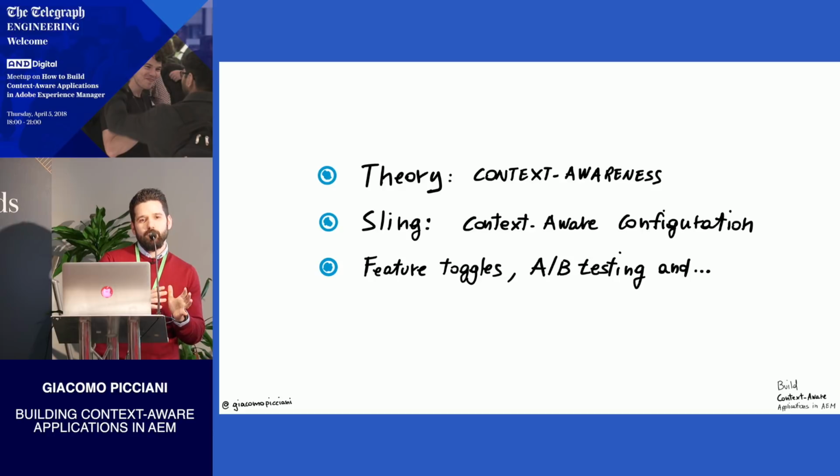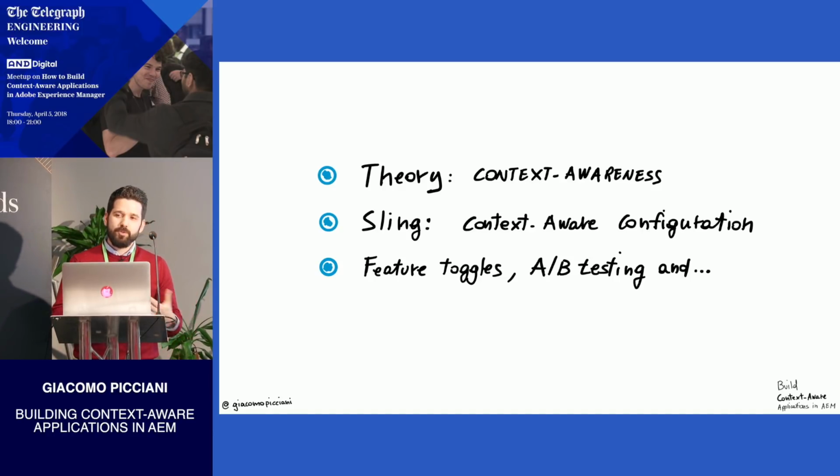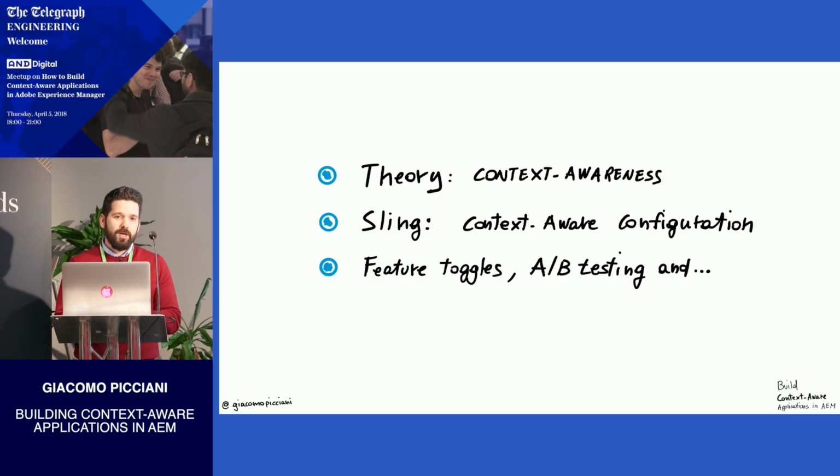I'm going to talk a bit more about the theory behind context awareness, the reason why researchers came up with this term, and how they came up with it. The second and third parts are the core of the presentation and are all about presenting this module of AEM. The last part gives you some use case scenarios of how you can use this module in your application.